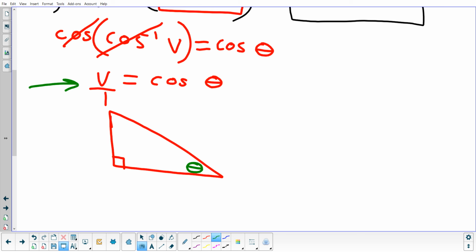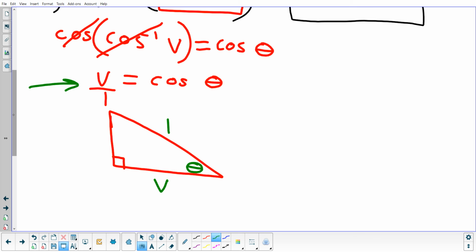Yep, it's adjacent over hypotenuse. So what this equation above is saying is that when you take the cosine of the angle, the adjacent is v, and the hypotenuse is 1. So this is really telling me two sides in the triangle. The adjacent is v, and the hypotenuse is 1. Let's check it. Take the cosine of this angle. Adjacent over hypotenuse. I get v over 1 from the diagram, and v over 1 is exactly what the equation above says. So this matches.